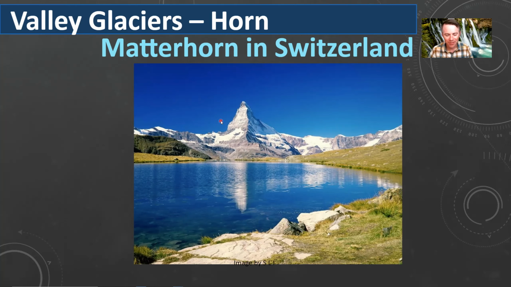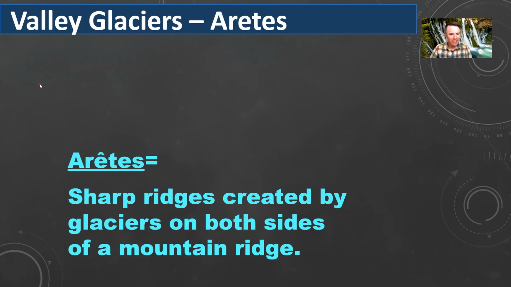And I'll show you a picture of them in Google Earth that explains it a little bit better in just a few minutes here. But basically, you had a glacier going off this way and a glacier going off that way and another glacier on the other side. And as they all went their own separate directions and wore the rock away, it just left behind this point. All right, so that's called a horn.